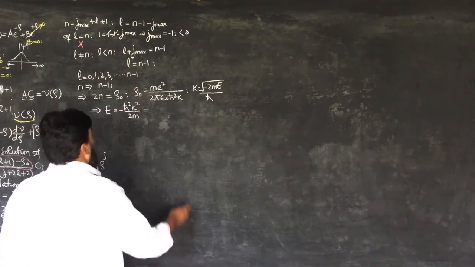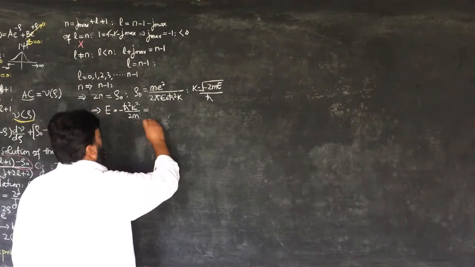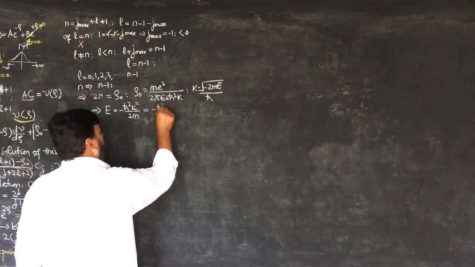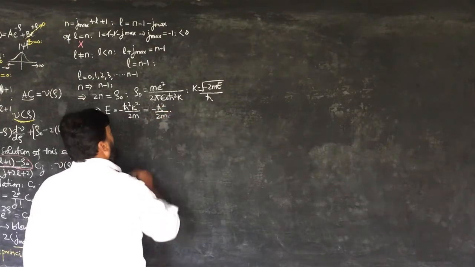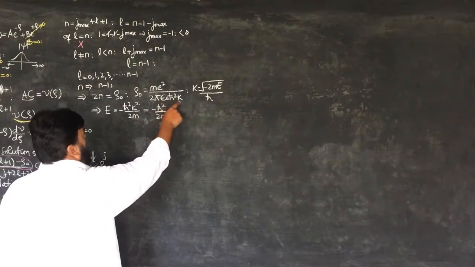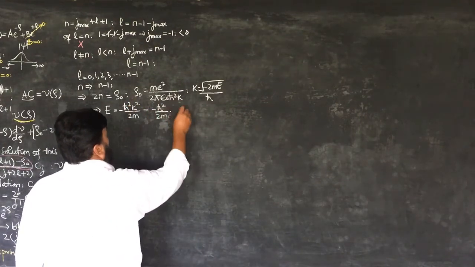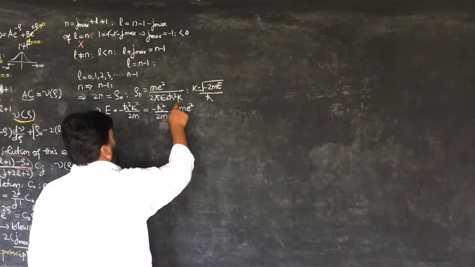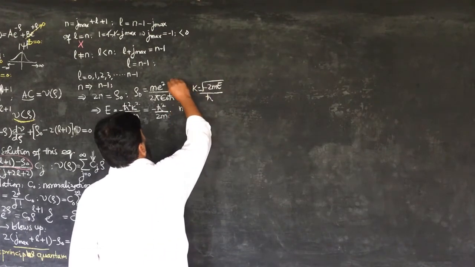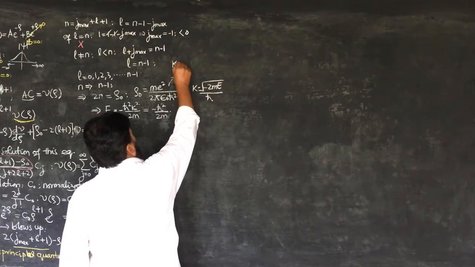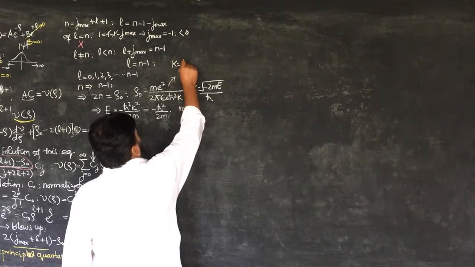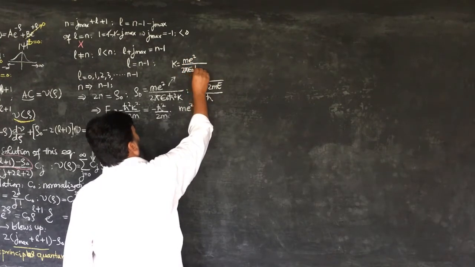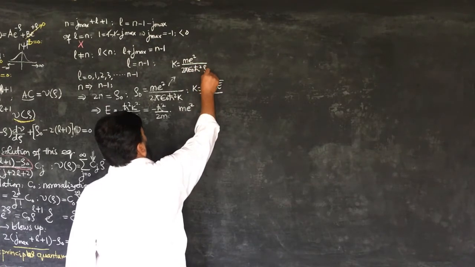So I will write in the rho naught value from here. So k from here will be minus h bar square over 2m, and the k square value from here is m e square divided by, because if I want to write the value of k from here, then k is equal to m e square over 2 pi epsilon naught h bar square rho naught.